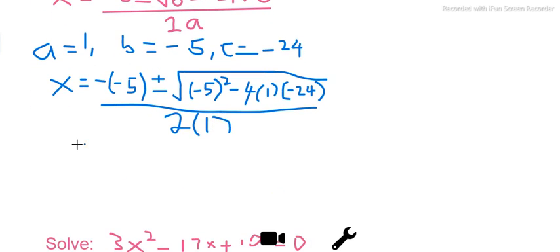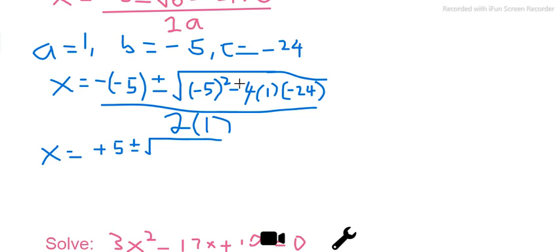So we now simplify this. This will give us x equals, this minus times this minus will give us plus, so that will be +5. The next thing is plus or minus the square root of, and we now simplify the terms in the bracket.